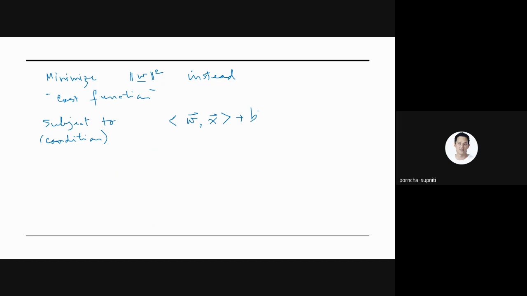So if I let yi be the target for xi, because it's binary, right?